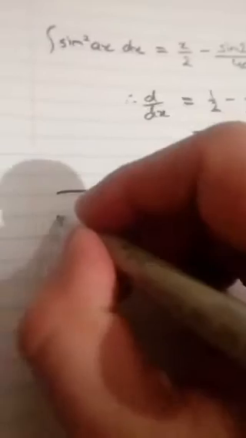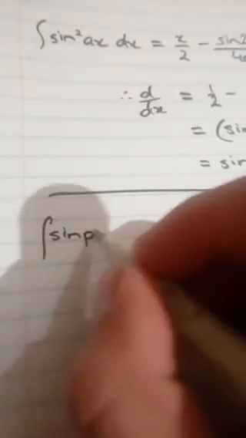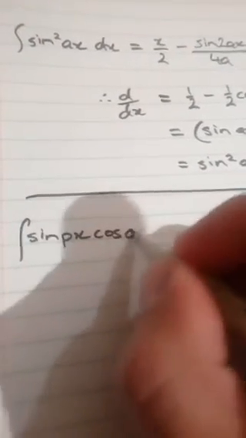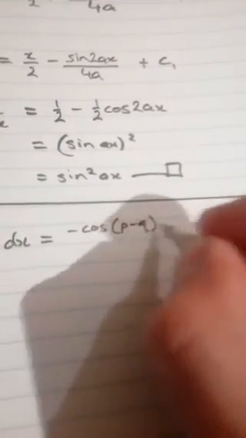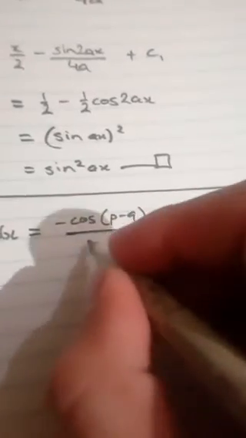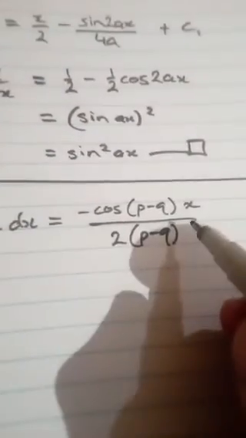Now, here's another interesting integral that we're going to need for quantum mechanics, which is the integral of sine px cos qx dx, equals minus cos (p minus q)x over 2(p minus q), minus cos (p plus q)x over 2(p plus q).